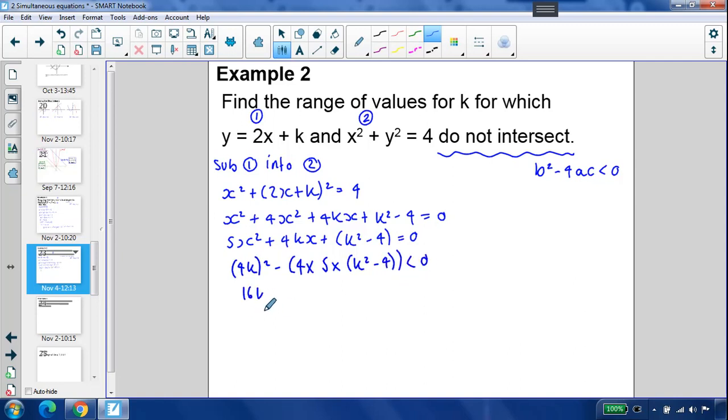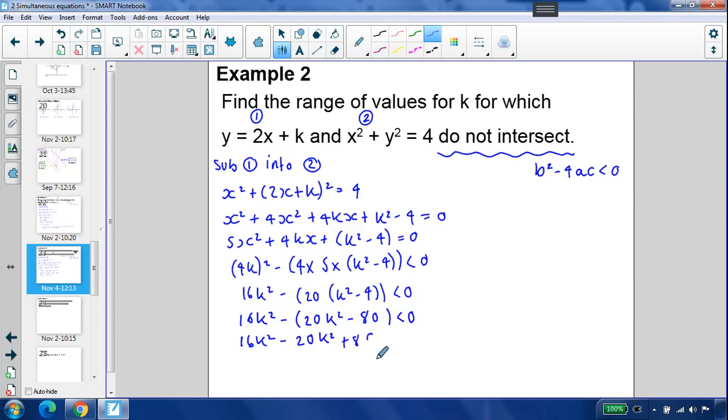So I'll have 16k squared minus, now this is going to be 20, and then we'll write that. I'm going to expand this out in the next step. So I'll have 20k squared minus 80, and then I'm going to multiply by the minus. So minus 20k squared plus 80.